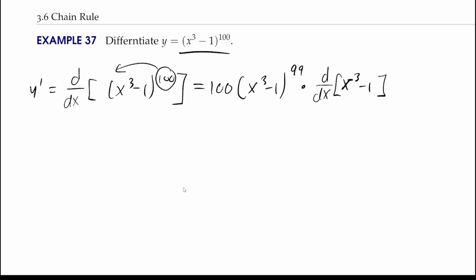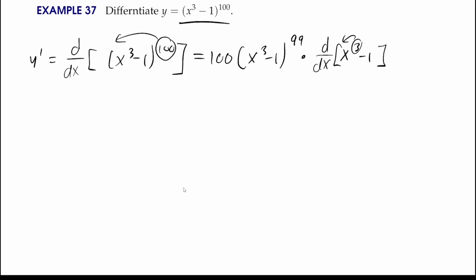Okay? X cubed minus 1, that's really going to become, so when we do this derivative, we bring the 3 down, so then we subtract 1. So this is 100 times x cubed minus 1 to the 99. And this, we bring the 3 down, 3x to the 3 minus 1 plus 0, right? The derivative of 1 is 0. And so we want to go ahead and put all that together.